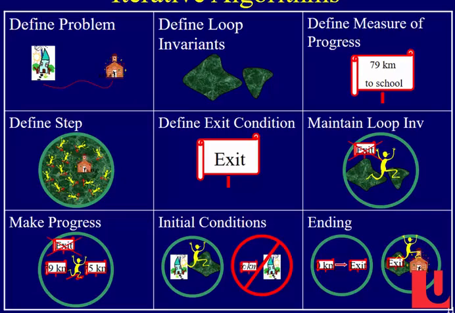Somehow you have to break it down into little tasks. One way of having little tasks is by this flying in from Mars. I'm not worrying about the past, or how I got here. Maybe the fairy godmother brought me here. Maybe the little bird brought me here. Maybe I just fell in here from Mars. I don't know how I got here. What do I know? I'm promised that the loop invariant's true.